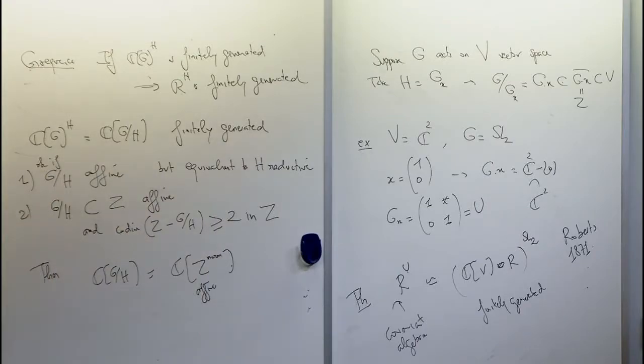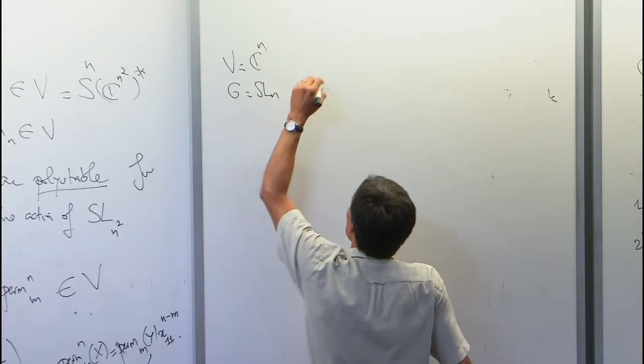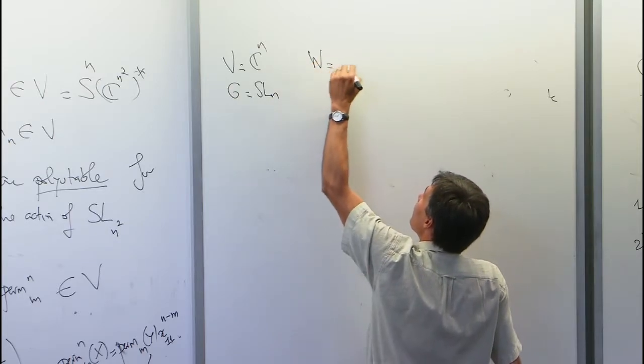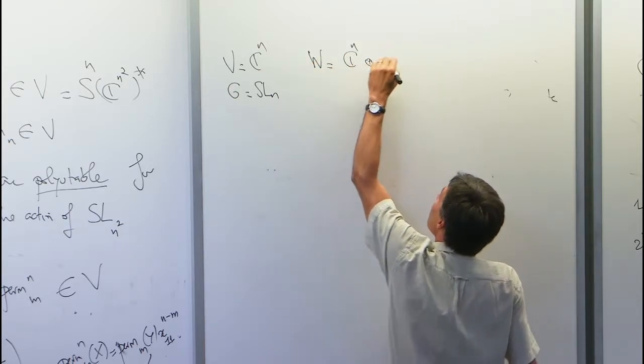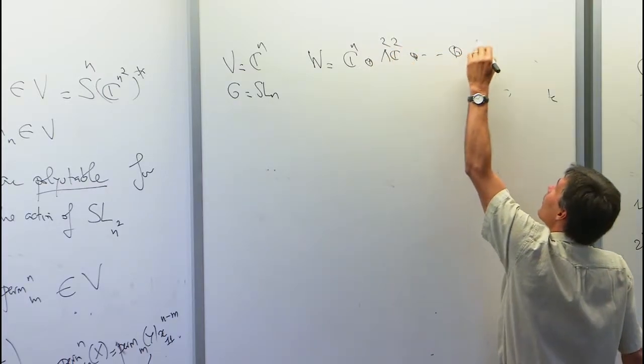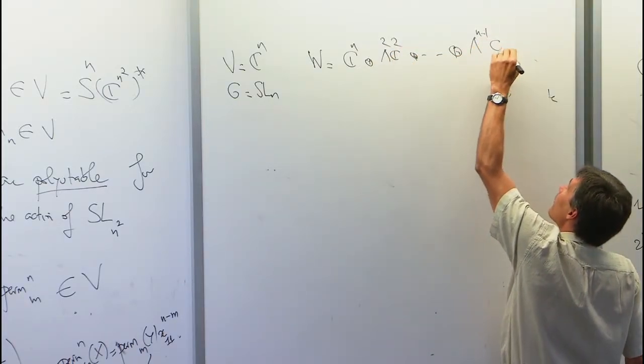So just to say very briefly, and I will stop with that, in what context I would like to apply it. Suppose V is Cn. Again, G will be SLn. Take W to be Cn plus wedge 2 of Cn, etc., the direct sum of the wedge powers.